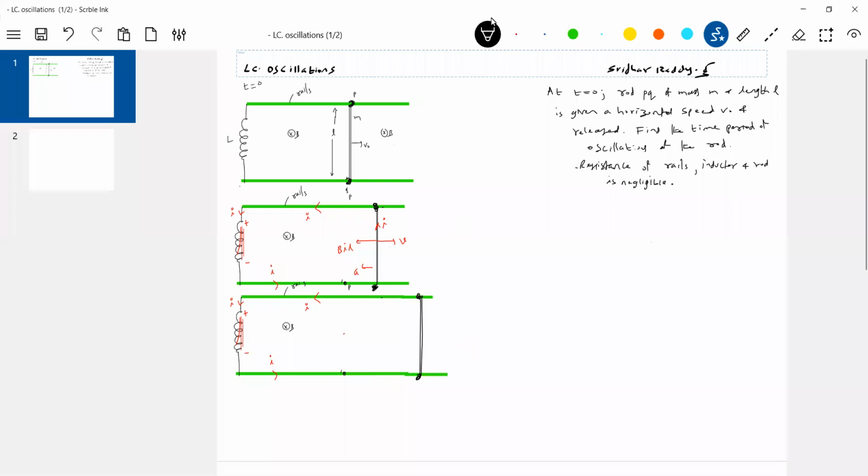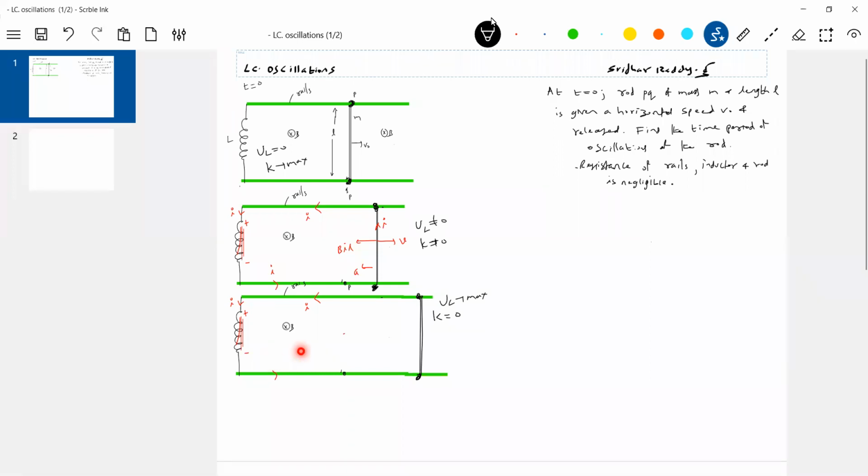What was the energy in the inductor? Zero, and the kinetic energy is maximum. Now both UL and kinetic energy are non-zero. Now kinetic energy of the rod is 0, but UL is maximum. All the kinetic energy of the rod will be stored in the inductor.